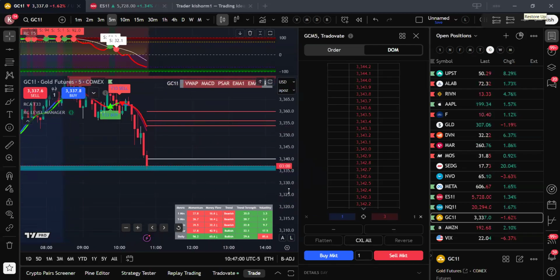It breaks this level, then it can go further down. But now it came all the way to the bottom, so there is a possibility for a reversal. So better, yeah, we can take profits on.